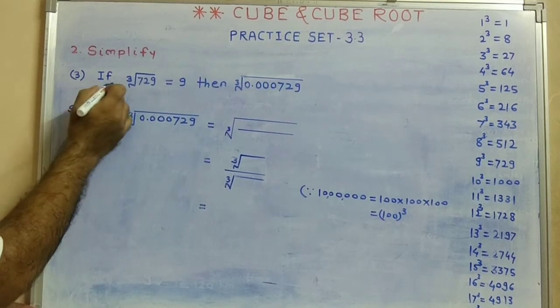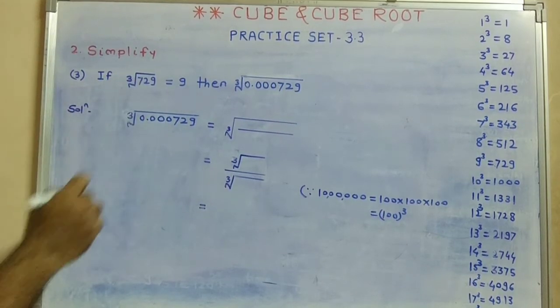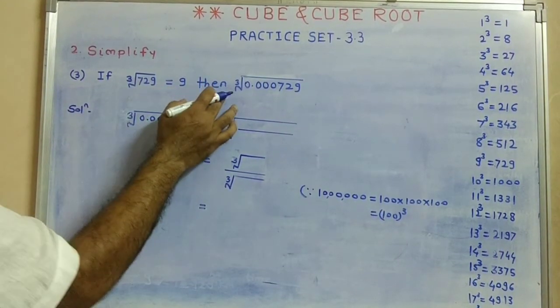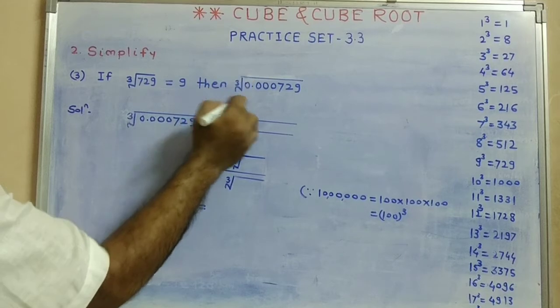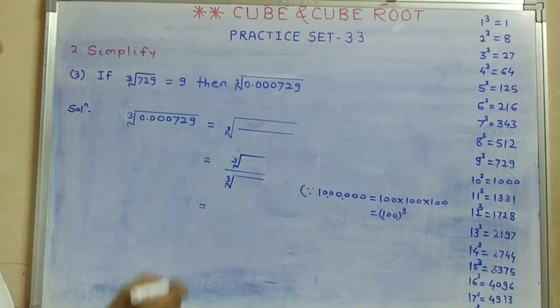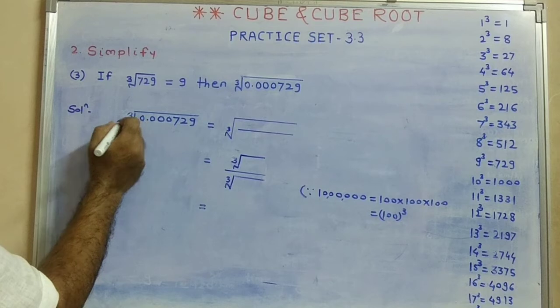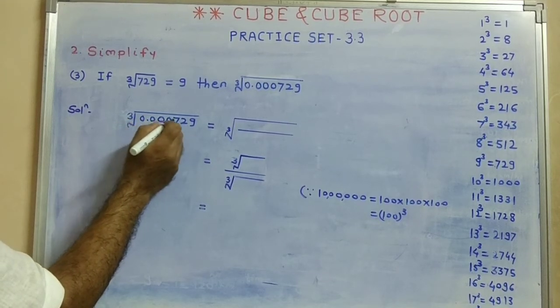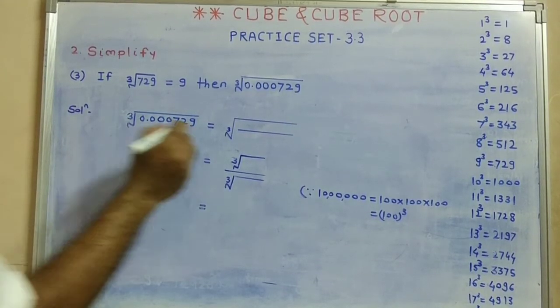Third example is there. If the cube root of 729 is equal to 9, then you have to find out the value of the cube root of 0.000729. Now, here I have taken the cube root of 0.000729.